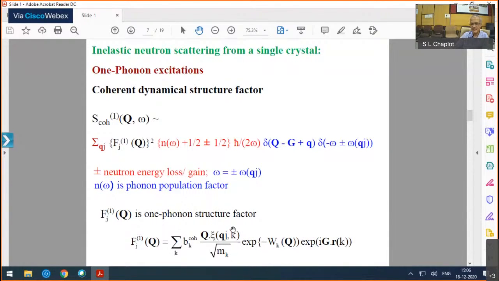So actually, because that phase is already included there in that expression, here it is only G. Okay, otherwise it would have been capital Q. Okay, so that's a small point.